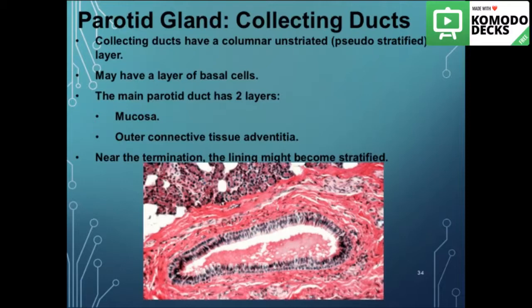The main parotid duct has two layers, a mucosal layer and a connective tissue adventitia, or an outer layer. Near the termination, of course, these ducts would become stratified, multiple layers, leading finally to the stratified squamous epithelium of the mucosa that we studied earlier.